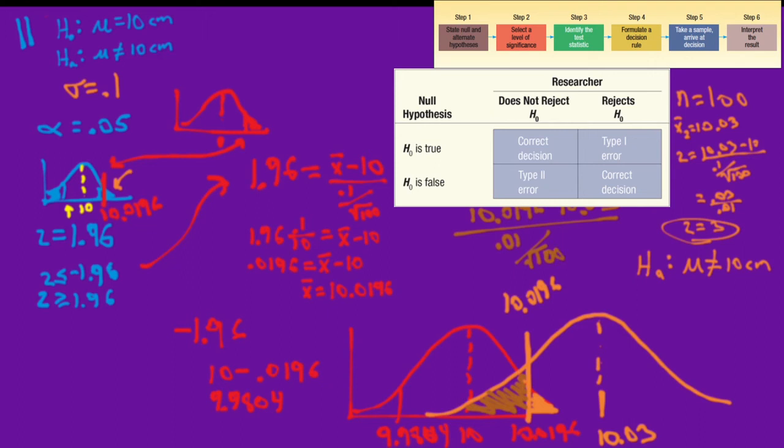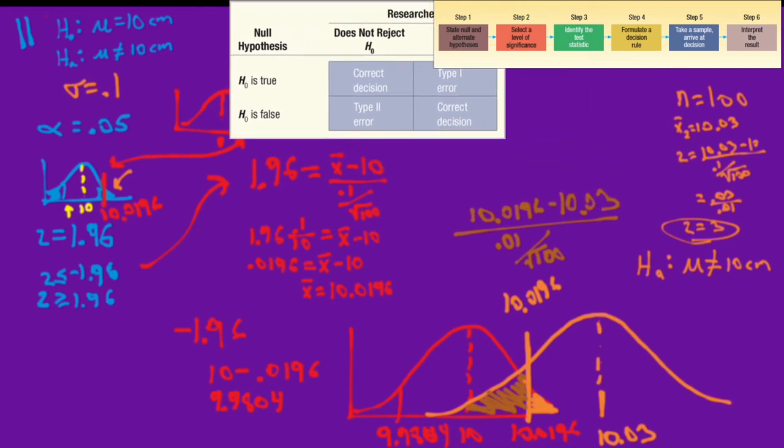I can crunch this a little bit for us, and you can verify my math here.